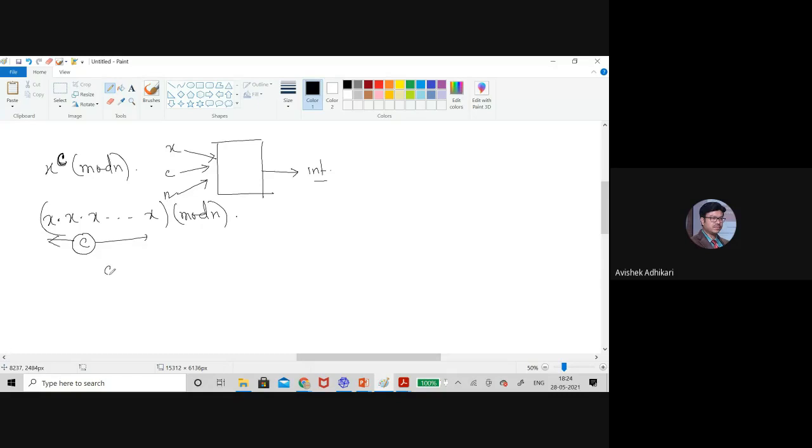Suppose your c is 2 to the power 1000, then what will you do? You cannot multiply x 2 to the power 1000 many times. So you have to be a little careful, or you have to give some other algorithm that will help you in finding these values.